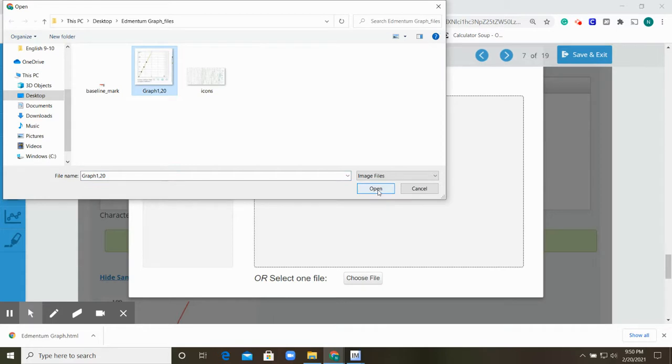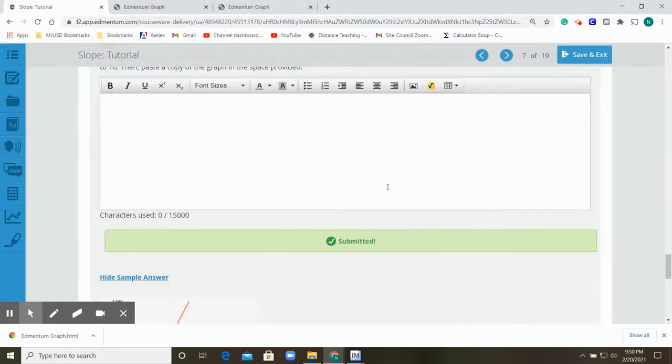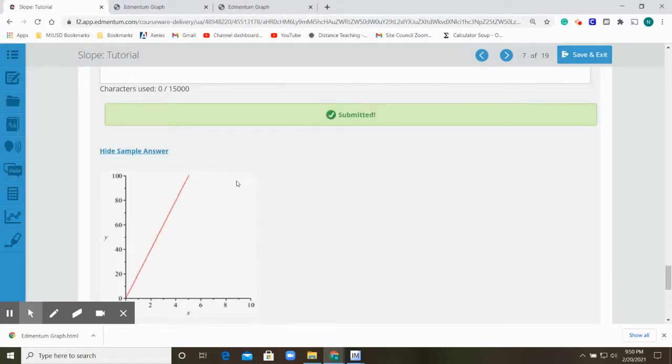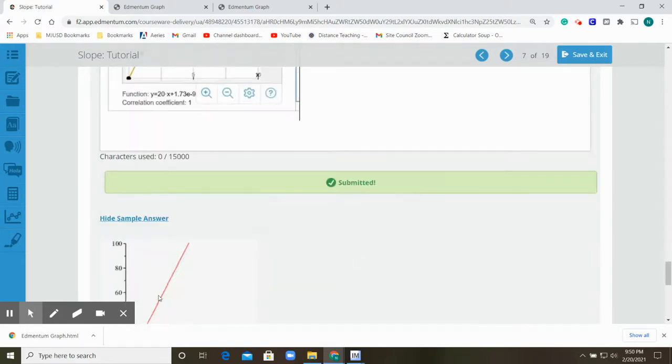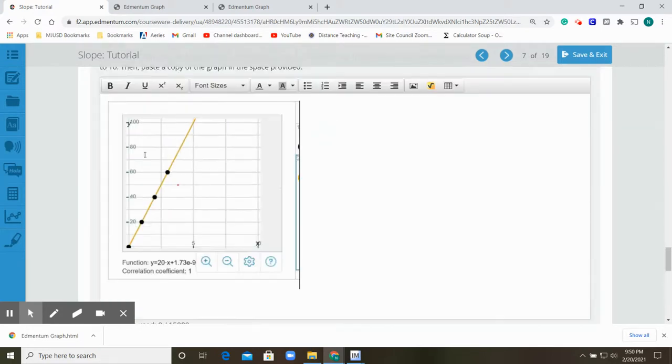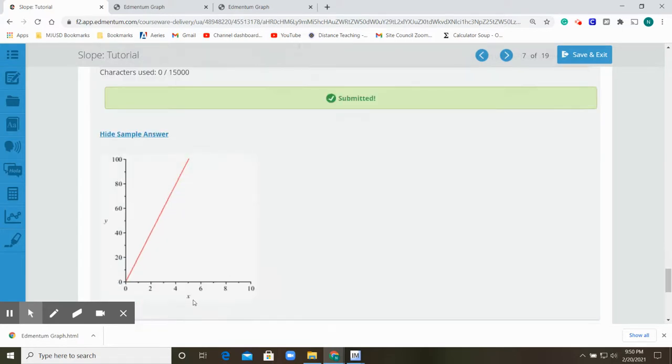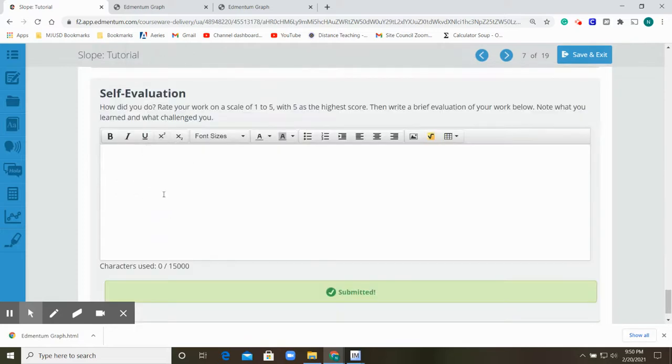Find it wherever you saved it. And if it's not in the right format, JPEG, JPG, it won't work. So that's how you get it. It looks similar. 100. That shows 5 there. About 5 there. Okay, so it's close enough.